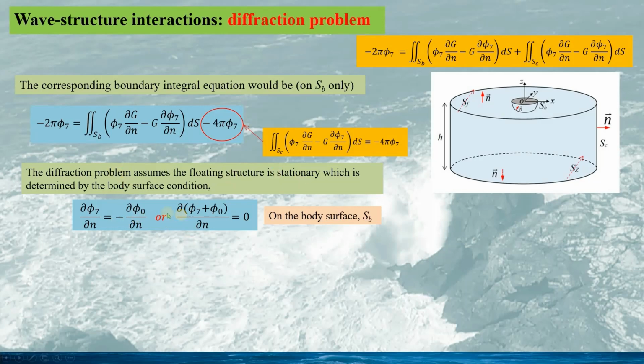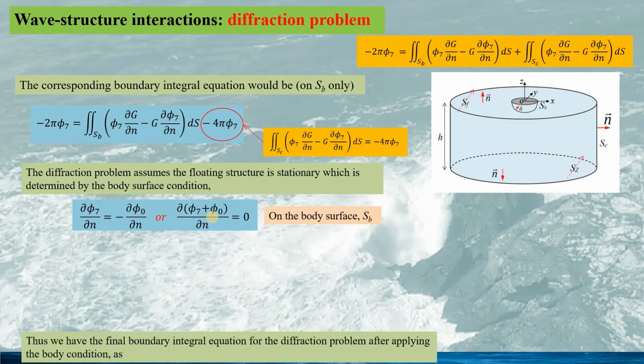This means when the incoming wave reaches the stationary structure, it would diffract the wave so as to satisfy the boundary condition. This body boundary condition means the normal velocity on the body surface for the combined potential of the incoming wave and the diffracted wave would be 0.